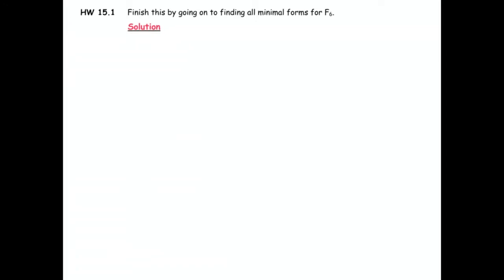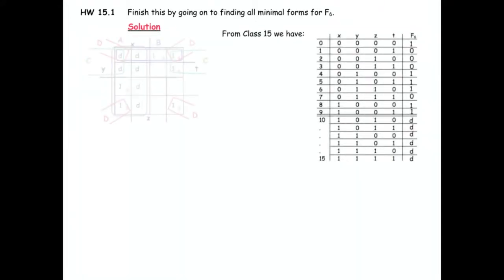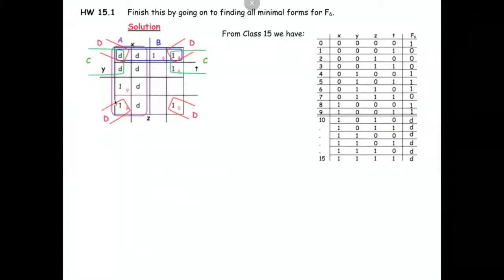All right. So we're going to finish the minimal forms of F. We're going to use the K-map that we came up with last time, or just now. Because all of the implicants from A through D are essential, that means that there is going to be only one minimal form.